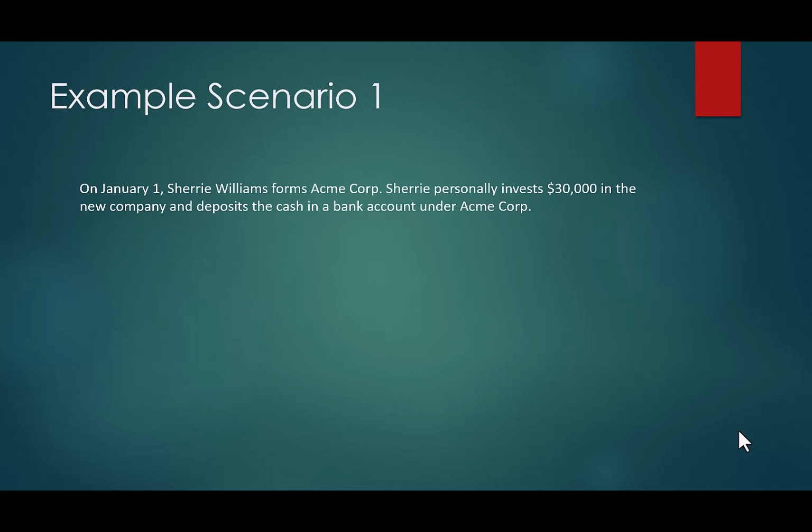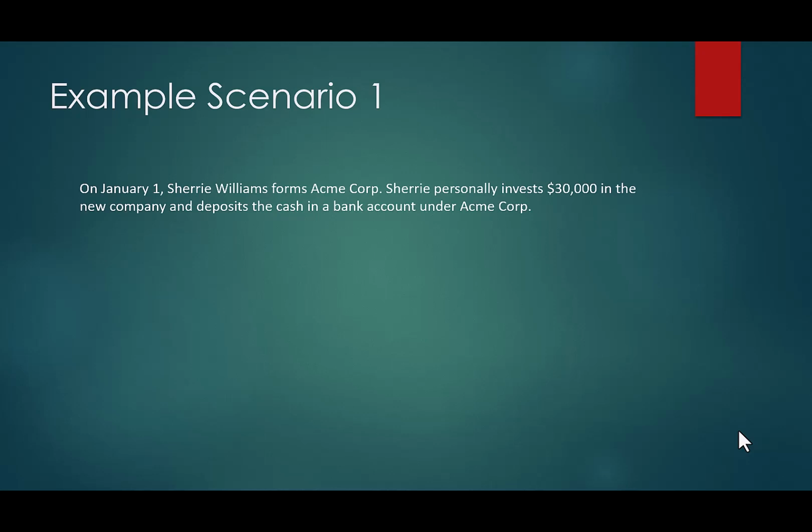In this example, the business is receiving $30,000 while the owner, Sherry, is giving away $30,000. But just keep that in the back of your mind. We're always thinking about these scenarios from the perspective of the business.